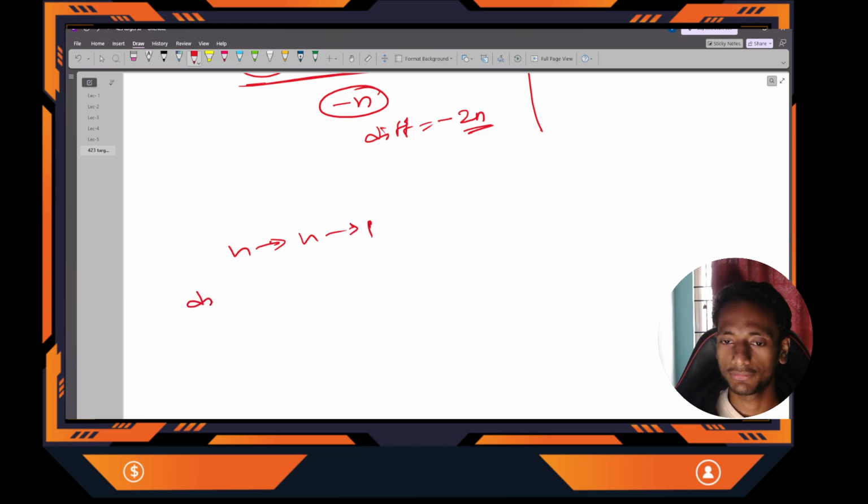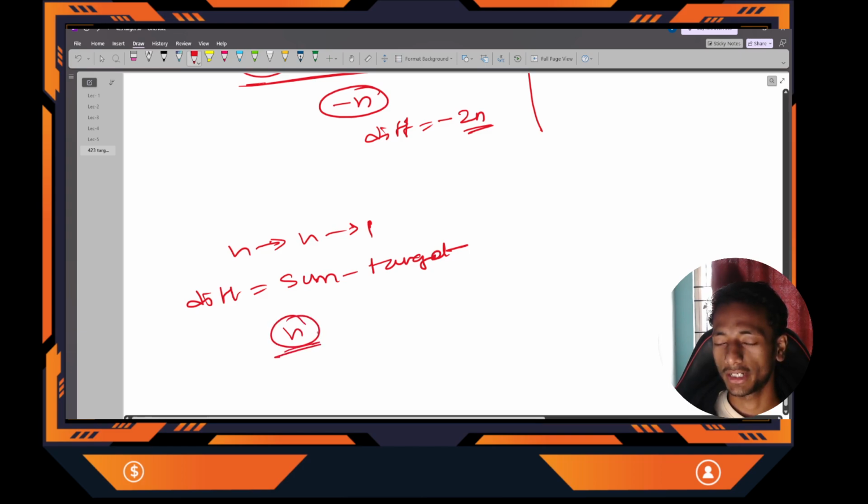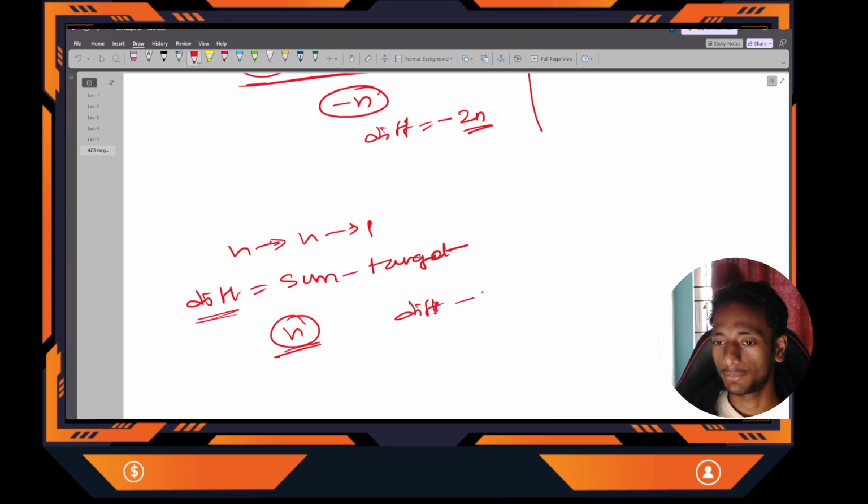I know the difference, the total sum I have to decrease: total sum minus target. So whether I can convert n to negative depends on the total diff I still have. So I'll check that diff minus 2 into n is still greater than or equal to 0.